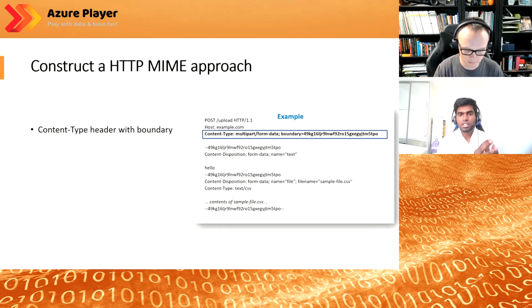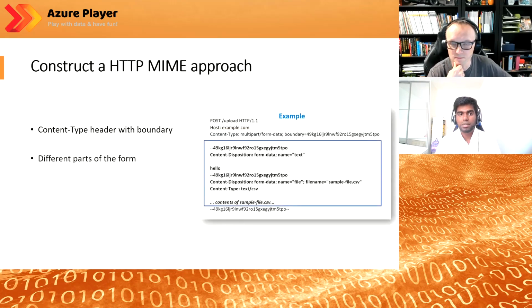The first one is the content type, where it has the header with the boundary. This boundary is a random set of characters that is not repeated or used in any of your content or in any of your blocks of code. This boundary code will split between the different sets of content that you need to pass to the server. And that's what you're going to see in the rest of the example as well.